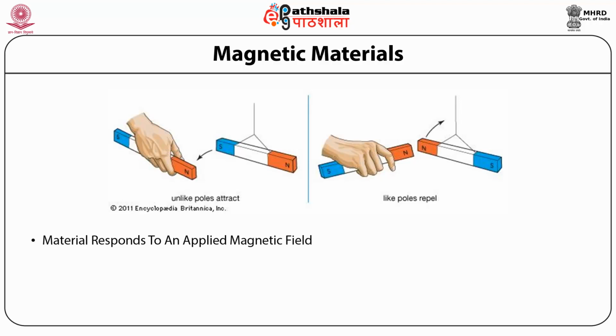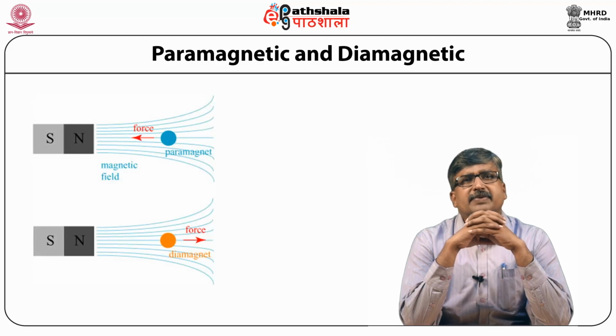Magnetic materials can respond to the applied magnetic field in two ways: either they are attracted or repelled. Let us discuss the paramagnetic and diamagnetic materials.